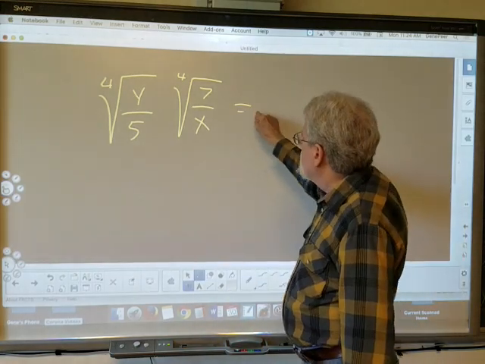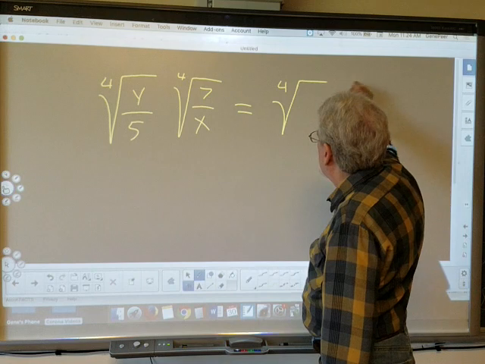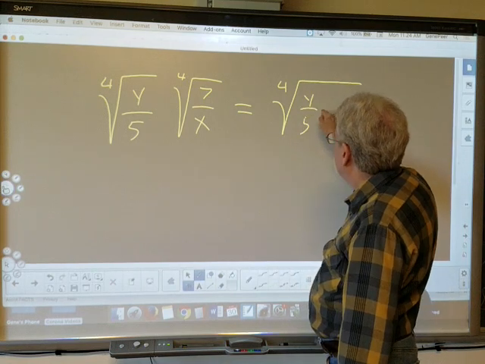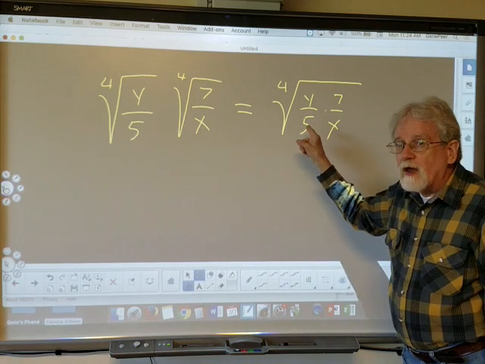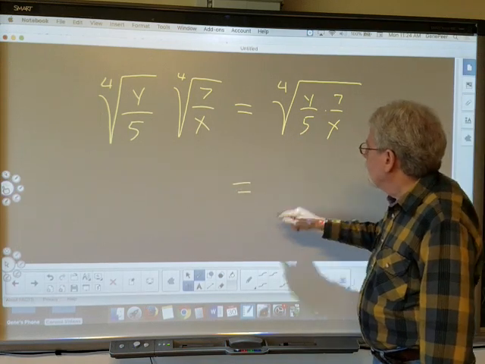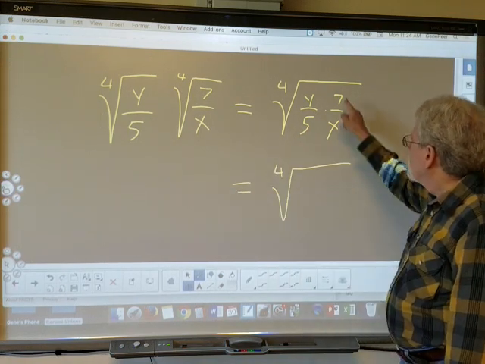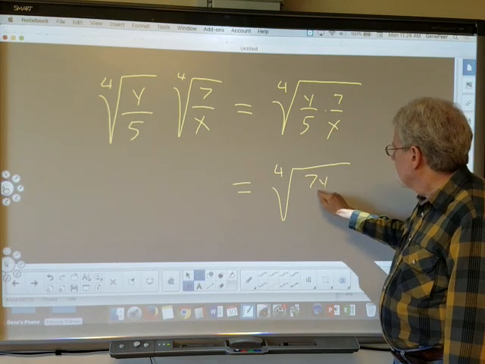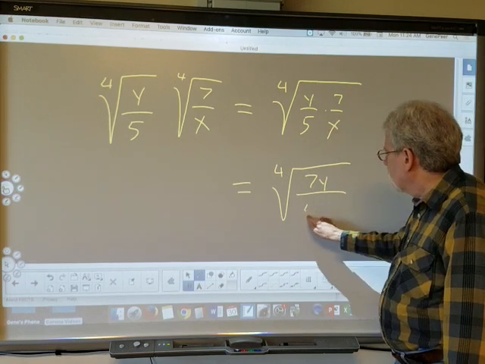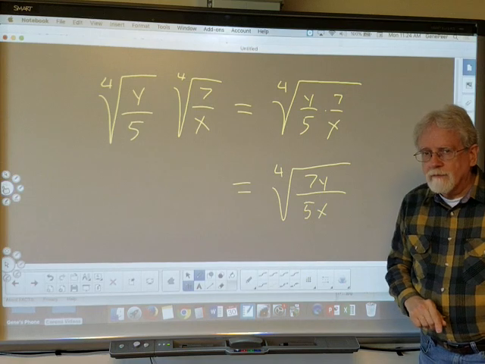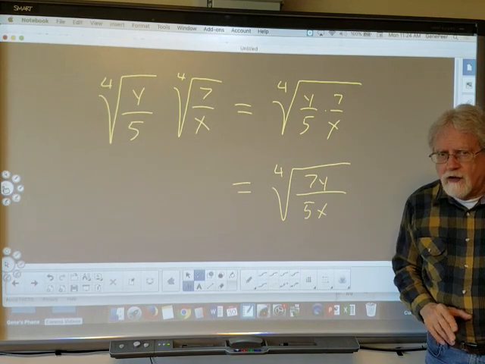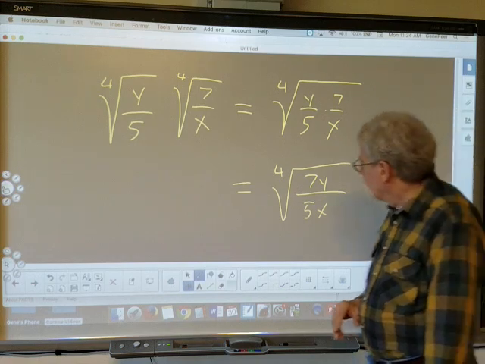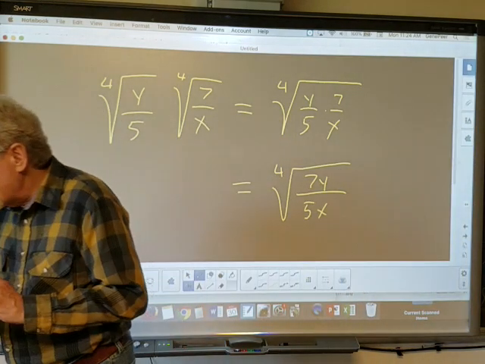So, multiplying these guys, we get what? Fourth root of y over 5 times 7 over x. You can skip this step, which gives you fourth root of 7y over 5x. And we're done. Make sure you've simplified the fraction, but there's nothing to reduce here, so you're done. Fourth root of 7y over 5x.